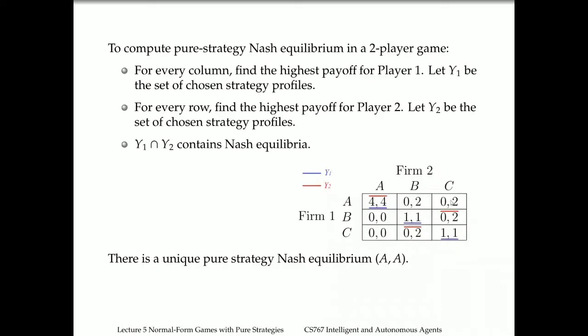For every row, we want to select the best response for player 2. This will be this one, and this one. And what is the Nash equilibrium? It will be a strategy profile that has both underline and overline, and there's only one such strategy profile, which is A and A, right? So in this game, there's a unique pure strategy Nash equilibrium, A and A.